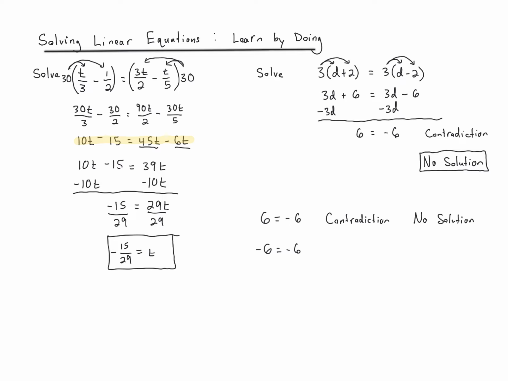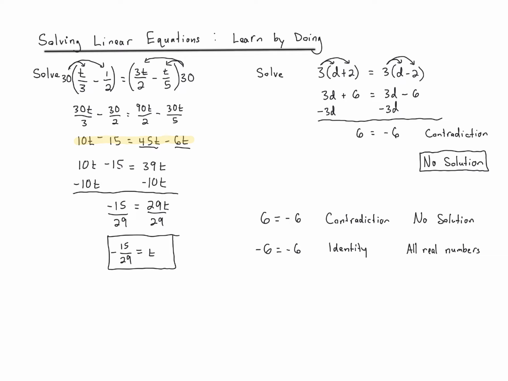What do we call a true equation like that? We call it an identity. And what's the conclusion we come to when we're solving an equation and we end up with an identity? In this situation, we say that all real numbers are solutions.